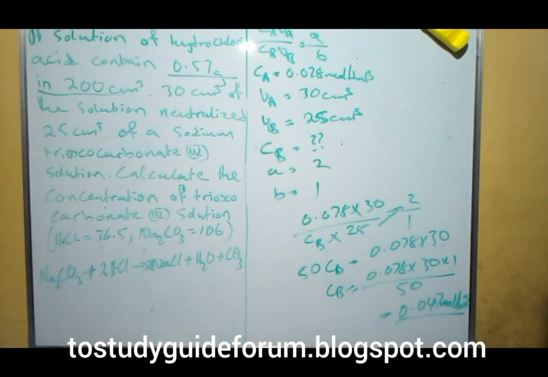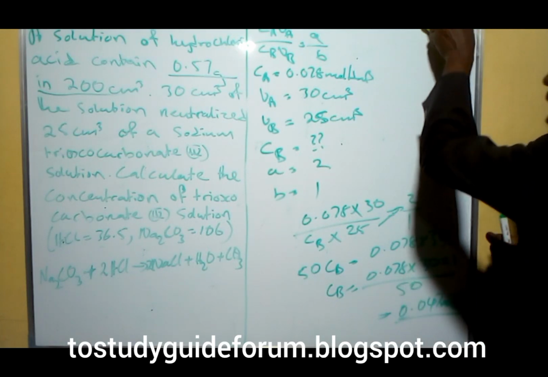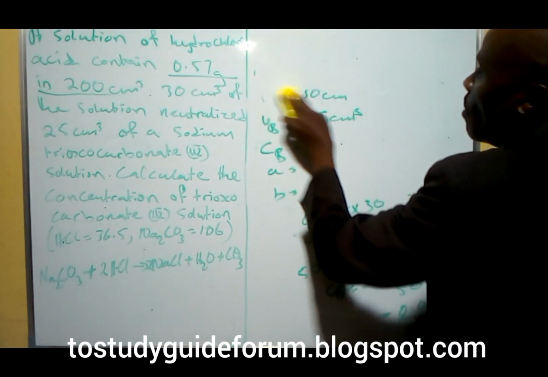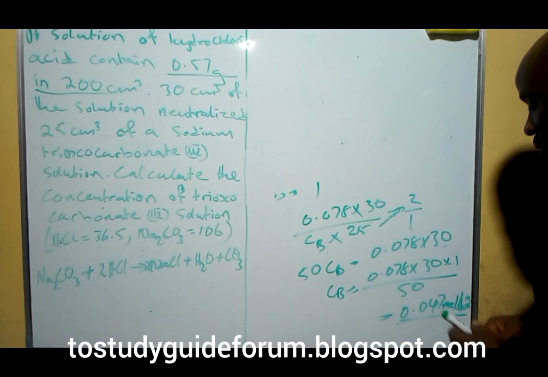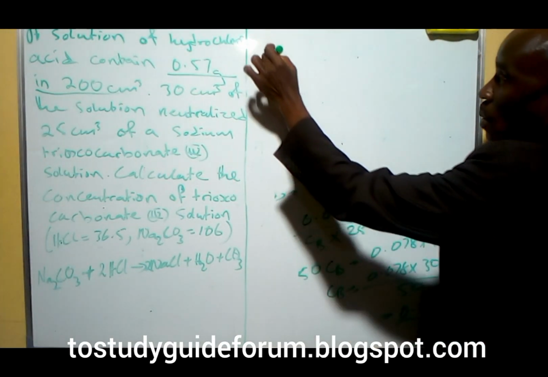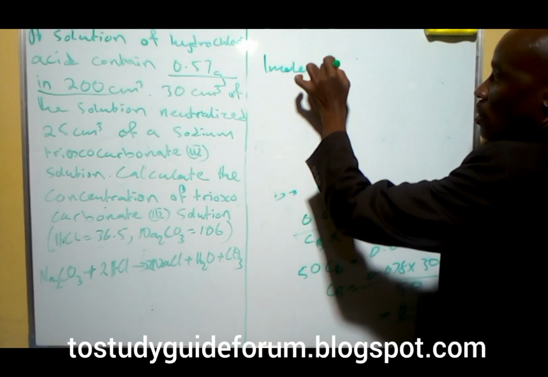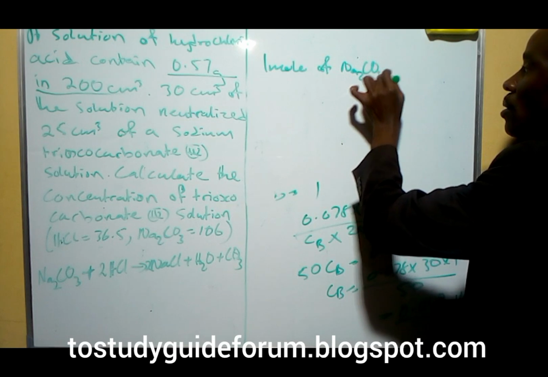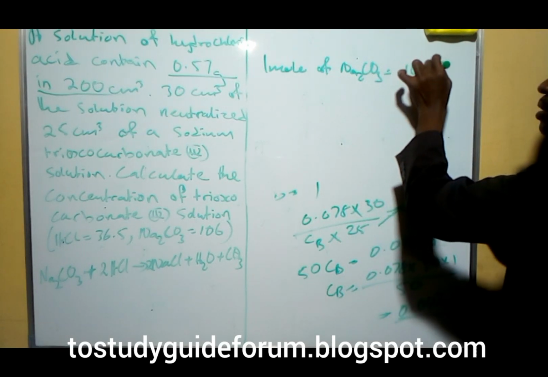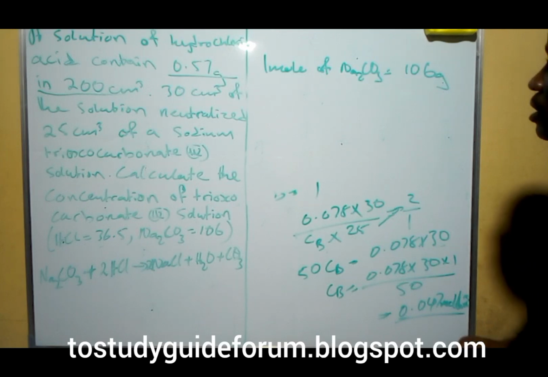The next one we're going to find out is the mass concentration in gram per dm cube. Pay attention to this now. Since we have it in mole, we know that 1 mole of sodium trioxocarbonate contains 106 grams.